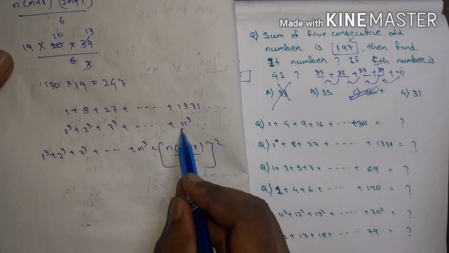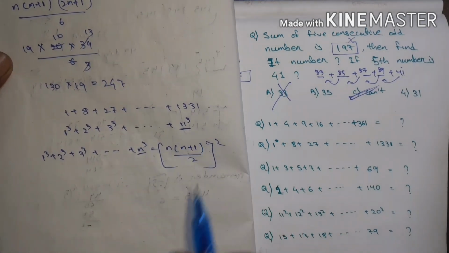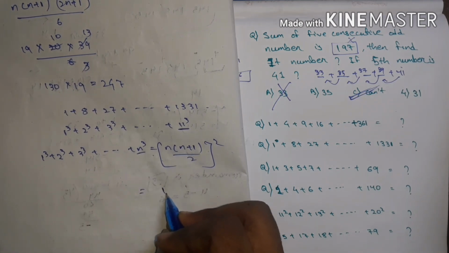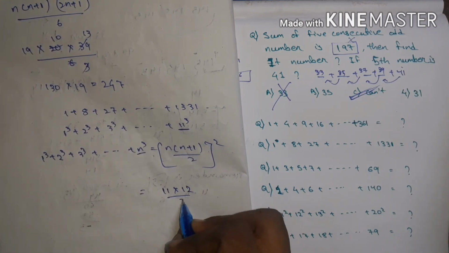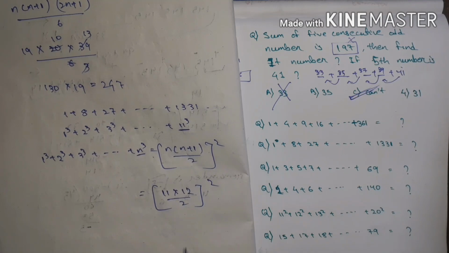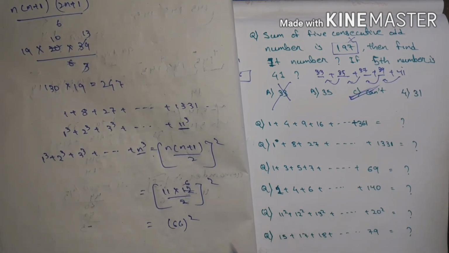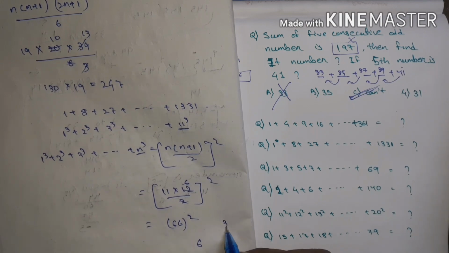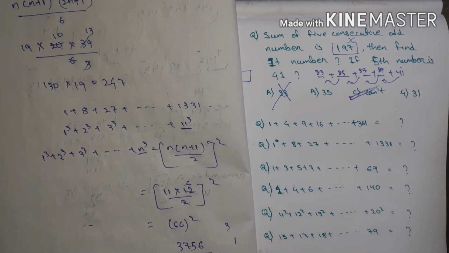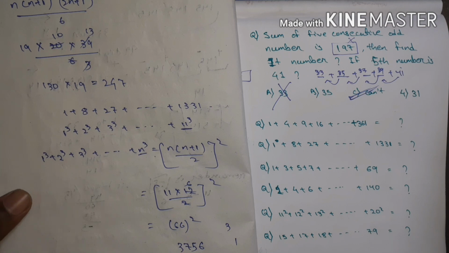What is the place of n? Here the place of n is 11. Then 11 into 12 by 2, square. Then 66 square. It's your answer. Okay. Then go for the next concept.